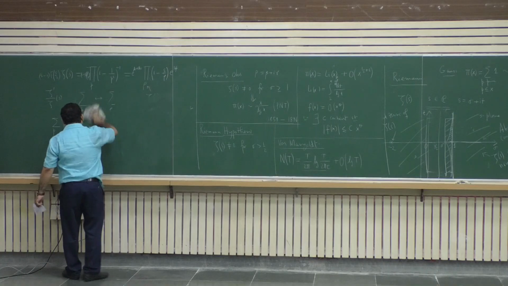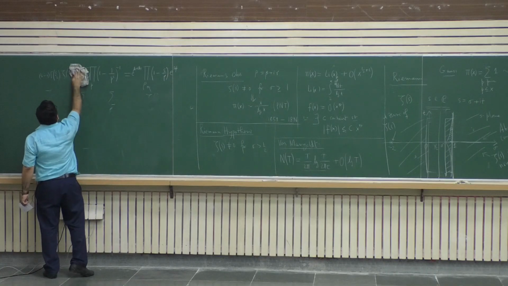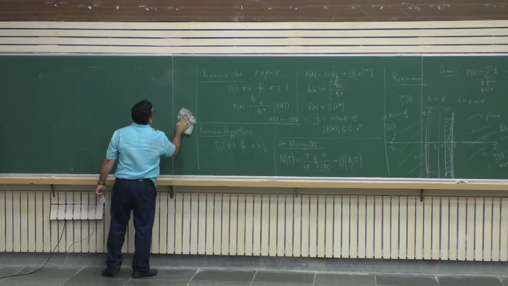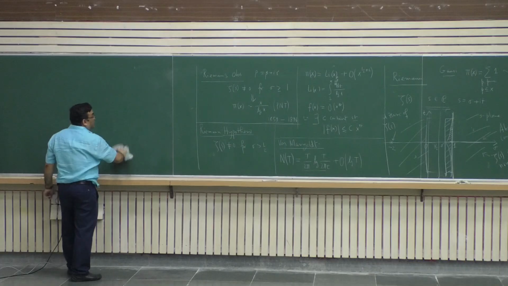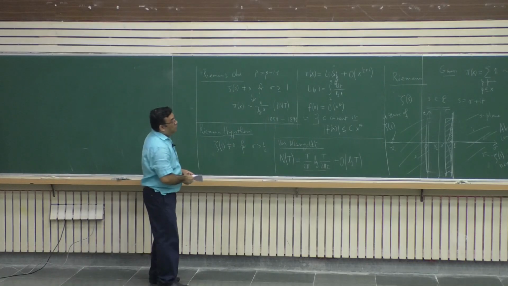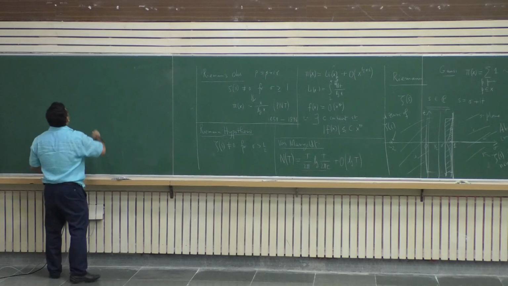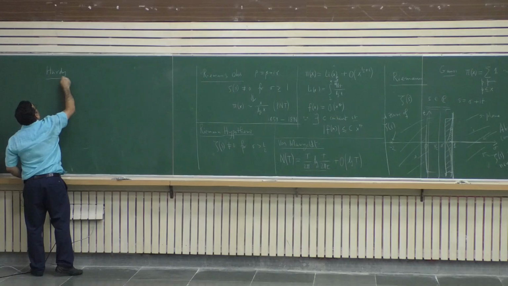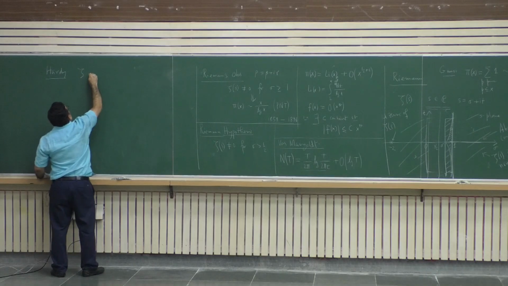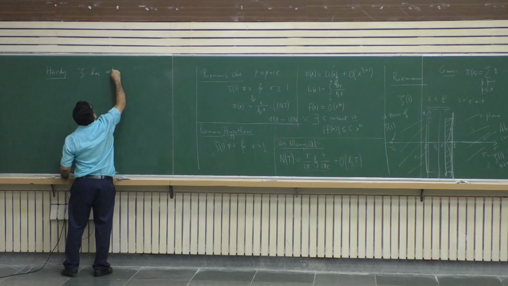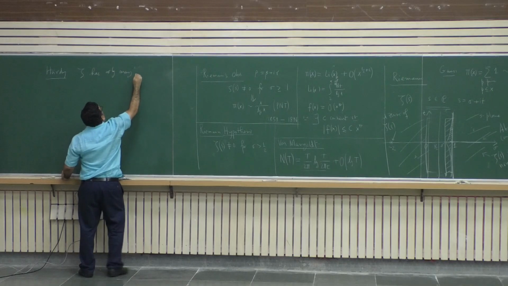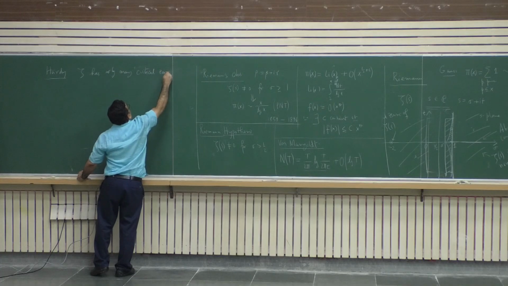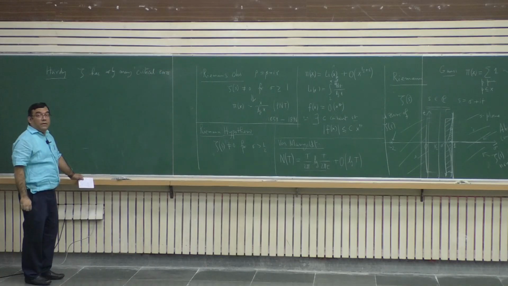What Hardy proved was that zeta has infinitely many critical zeros. So he proved that zeta of 1/2 plus iT equals 0 for infinitely many real T.